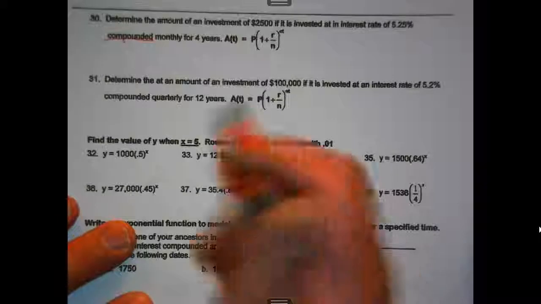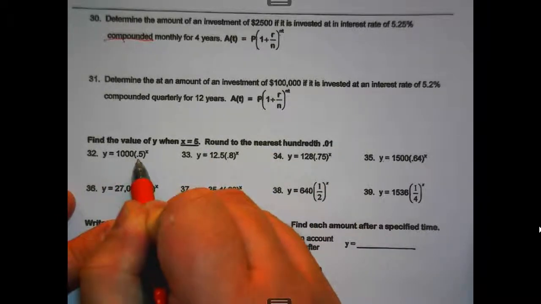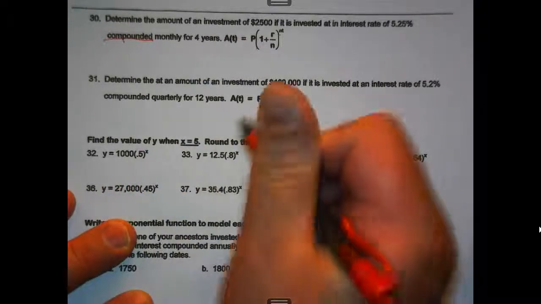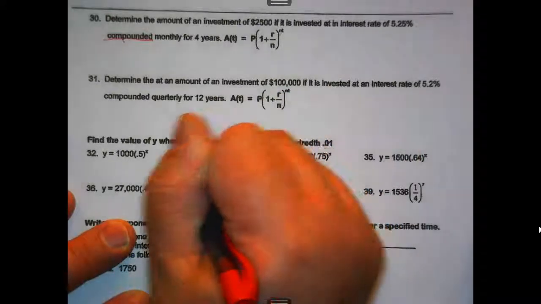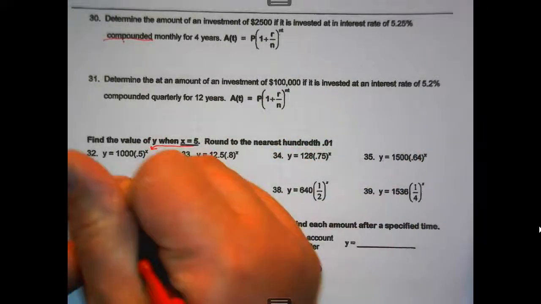Like number 32. We have y equals 1,000 times 0.5 to the x. All you have to do is just substitute in 5 for the x. Plug it in your calculator.